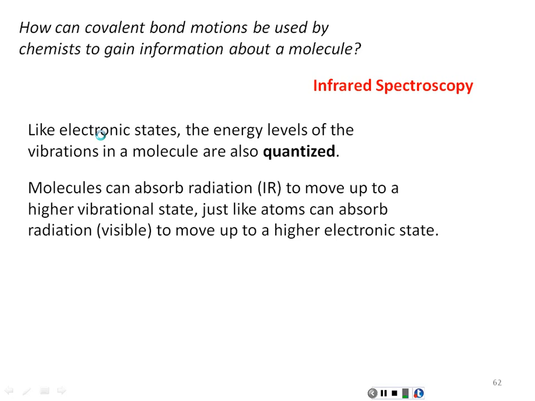So molecules can absorb infrared radiation to move up to a higher vibrational energy level. And this is similar to how molecules can absorb visible or ultraviolet light to move up to a higher electronic energy level.